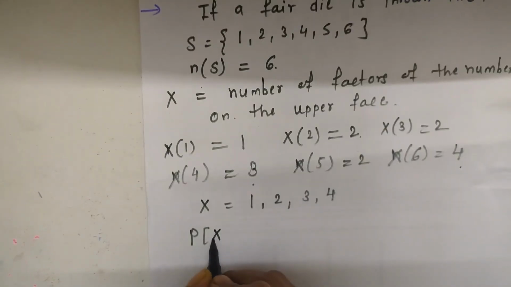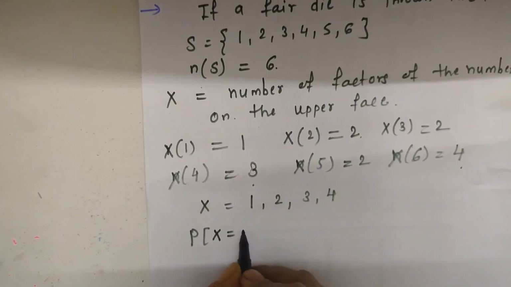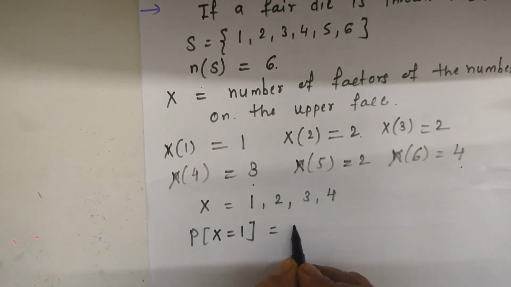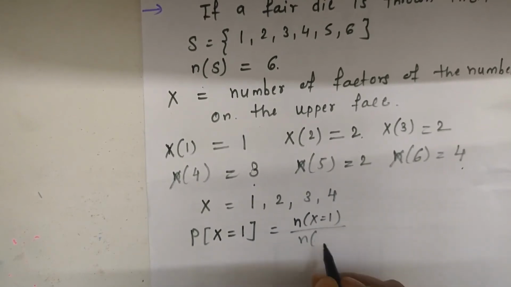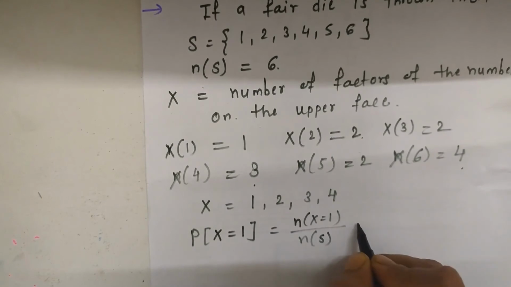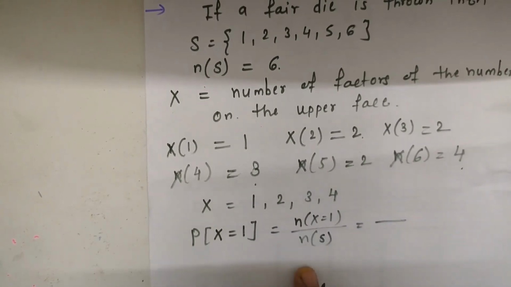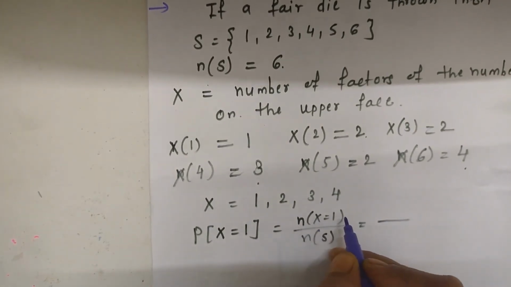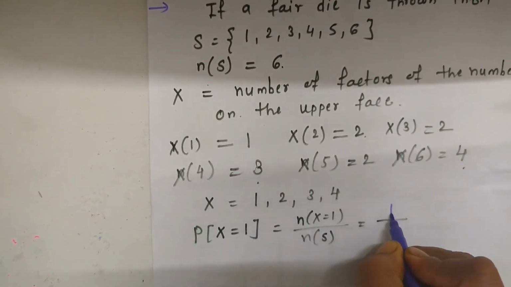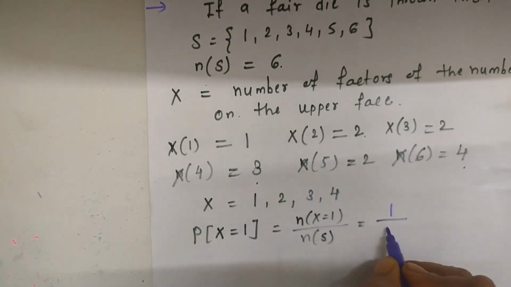Probability for each value of x: the probability of x equal to 1 is the number of outcomes with x equal to 1 upon n of S, and the total number of sample points is 6. Only one number has x equal to 1, so the probability is 1 upon 6.